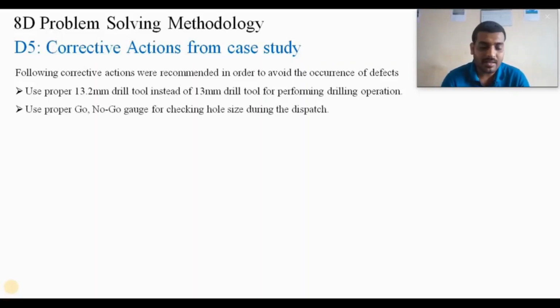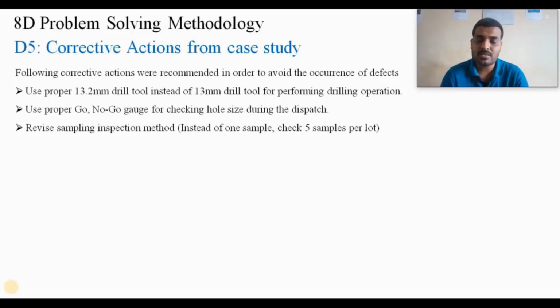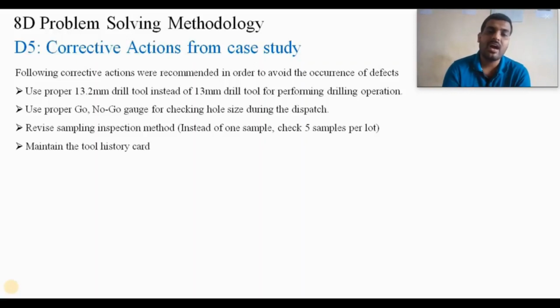Then revise the sampling inspection method: instead of one sample, they started to check 5 samples per lot. Then at the end they started maintaining a tool history card, so that it shows how much life is used and how much life of that drilling tool is pending. So this is about the corrective actions from the case study.